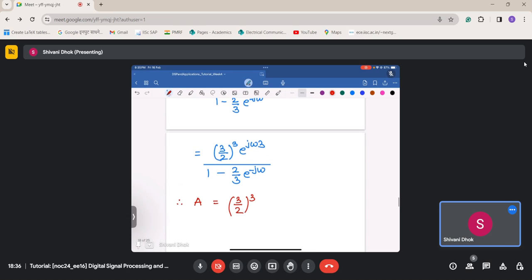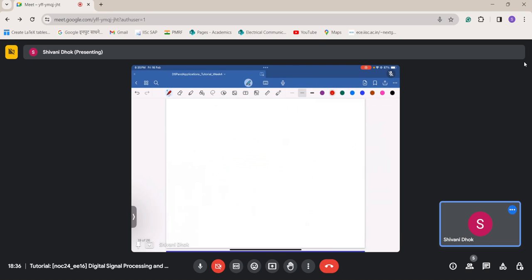Okay, so if there are no questions, let us solve this same question in another way. For that, we'll look at one property of DTFT which is known as the time shift property.